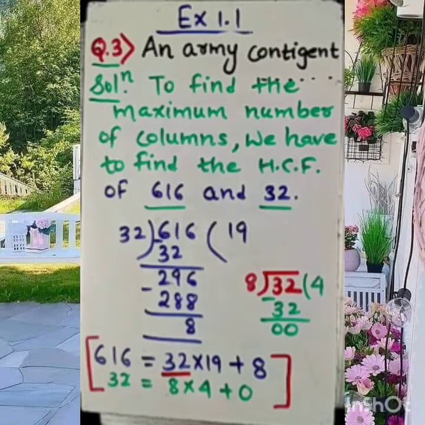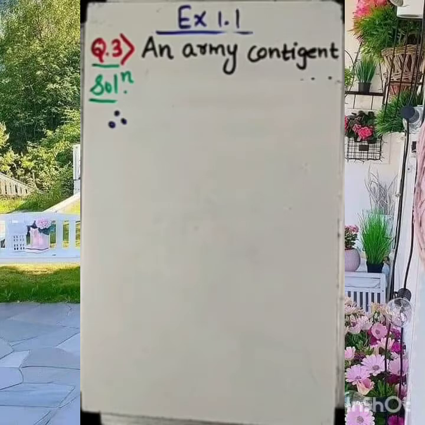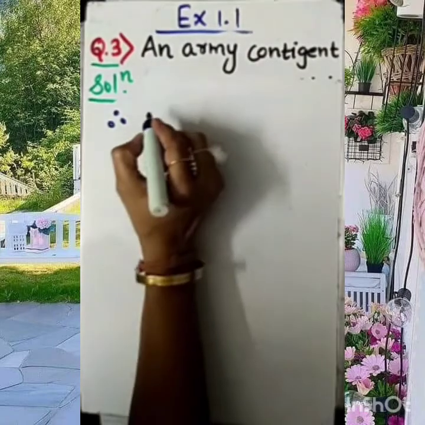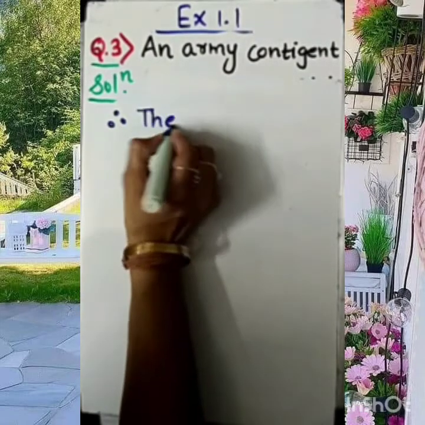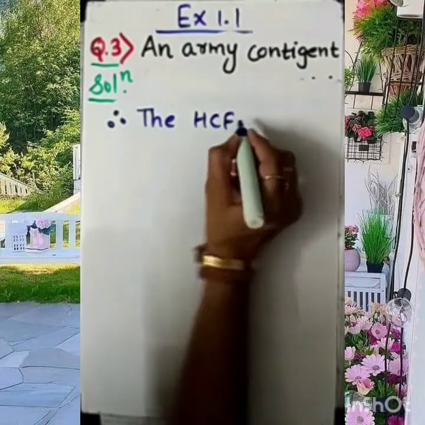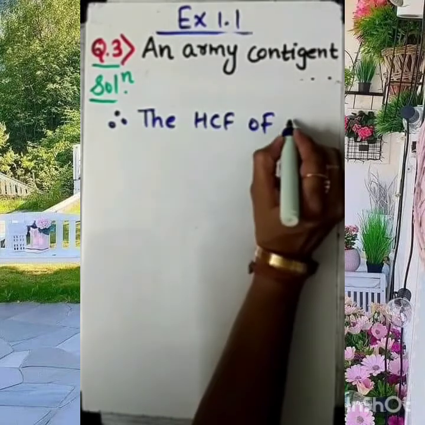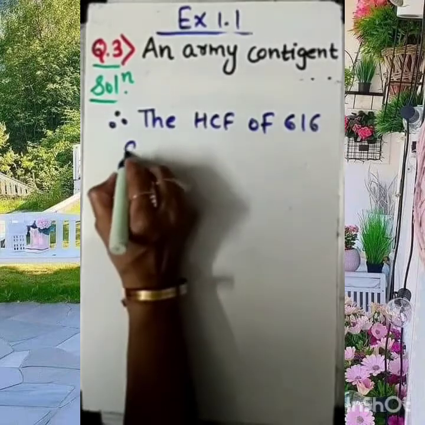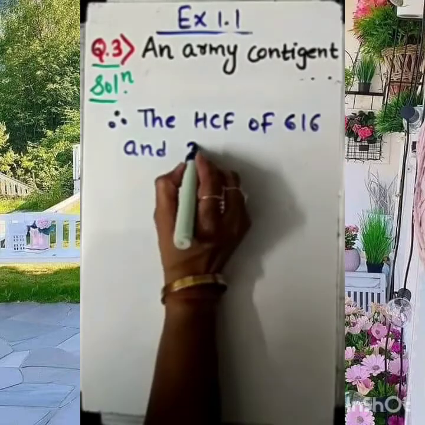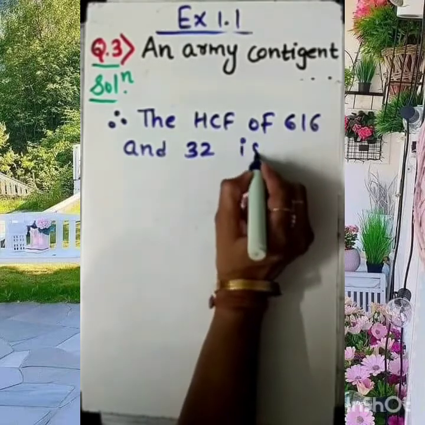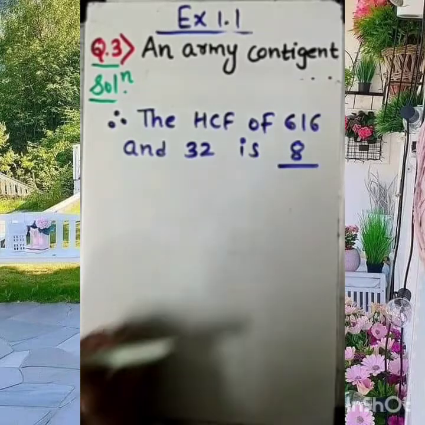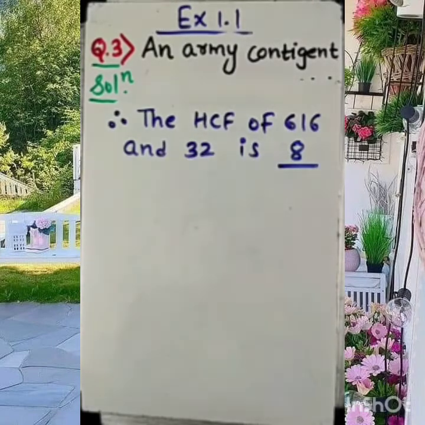Okay, let's write the final answer. So next step. Therefore, the HCF of these two numbers we were finding, 616 and 32, what is it coming? That is 8. The HCF of this is coming 8.